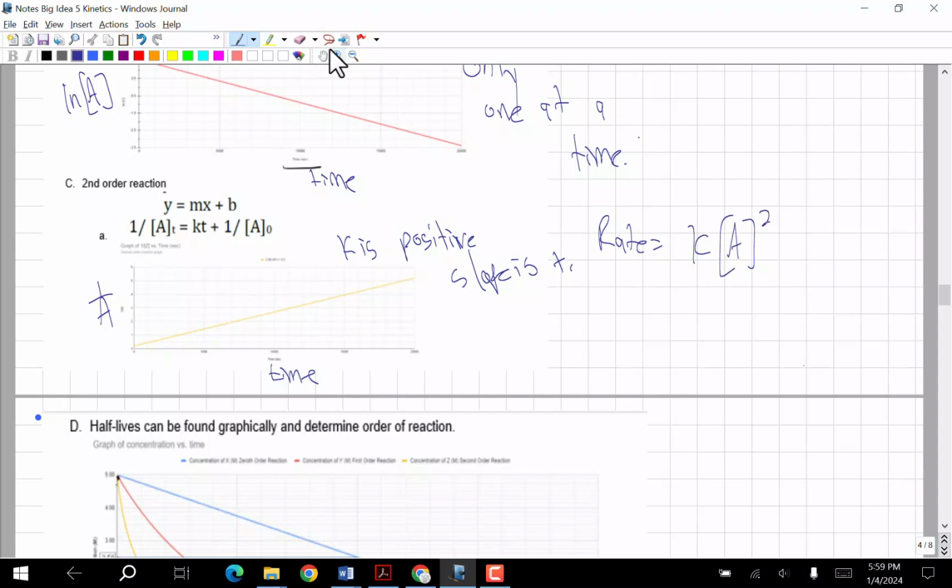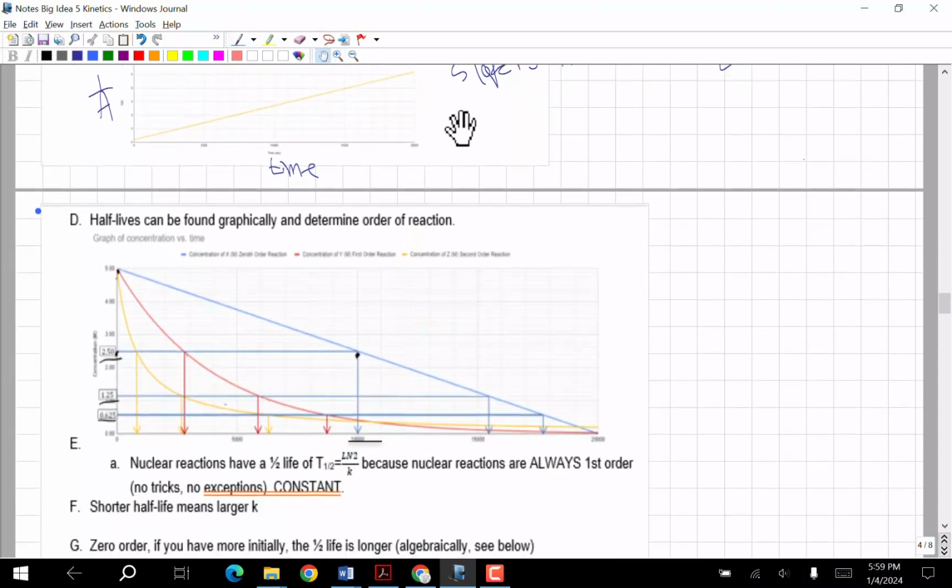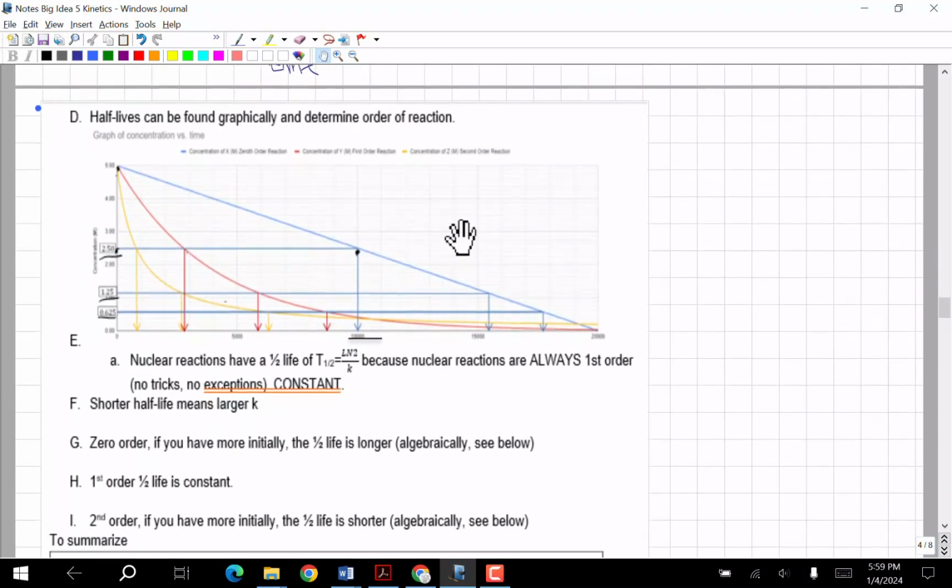All right, so we can also find half-lives, and we see these, and do these get kind of ugly quick. So I'm going to focus on them one at a time. If I'm looking here, your sheet has better resolution than mine does. Notice how this is 5, and this is just the concentration of, let's say it's A. Here's 2.5. Boom.